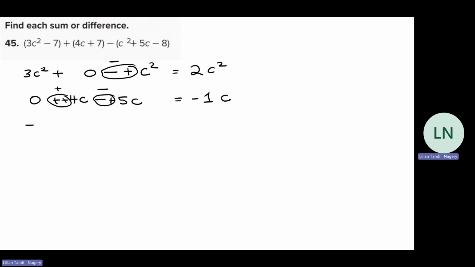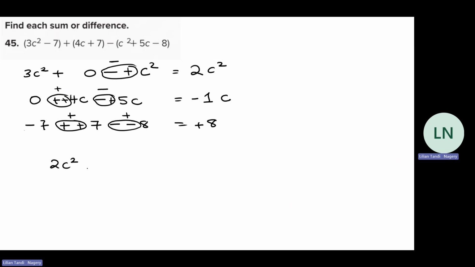Then negative 7 plus positive 7 minus negative 8. This becomes plus. Negative 7 plus 7 is 0. So this is just positive 8.